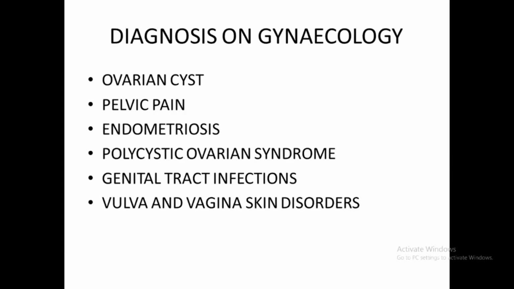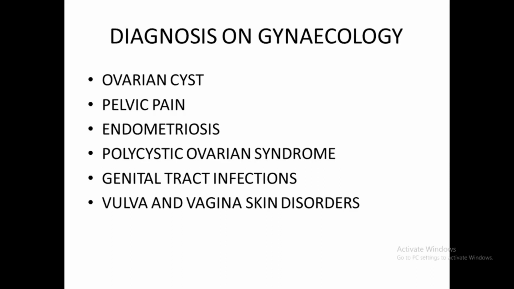Generally women secrete two hormones. One is progesterone and the other is estrogen. Other than that, they also produce a hormone called testosterone. As you all know, testosterone is widely considered a male hormone, but even then, females do secrete testosterone at a very low level.